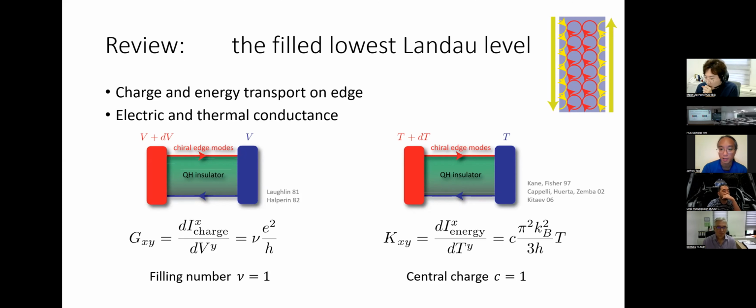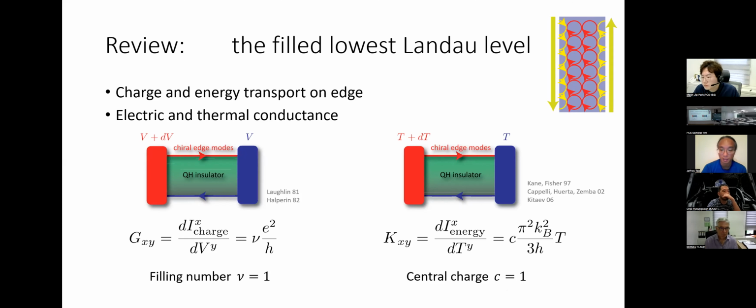There's a formula that dictates the thermal Hall conductance and relates it to something called the central charge. The thermal Hall conductance is the central charge, which is in this case 1 for the filled lowest Landau level, multiplied by some universal constant and multiplied by the temperature. So there are two indices that characterize the topological phase.